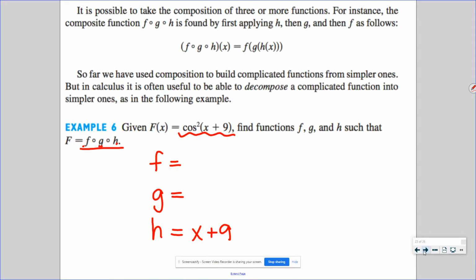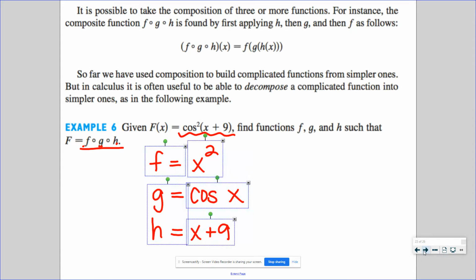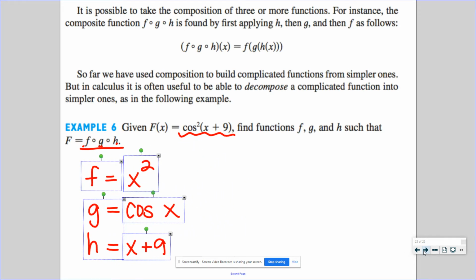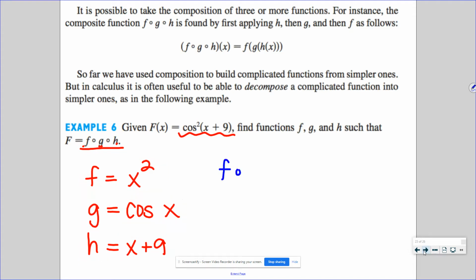The next thing that would have been plugged in would be cos, because the very last thing that would have been computed was squared, okay? This is kind of a hard skill to teach because it's more of like a puzzle or a guess and check thing. So I am going to prove to you that this would work by doing the composition using these 3 functions that I just came up with.